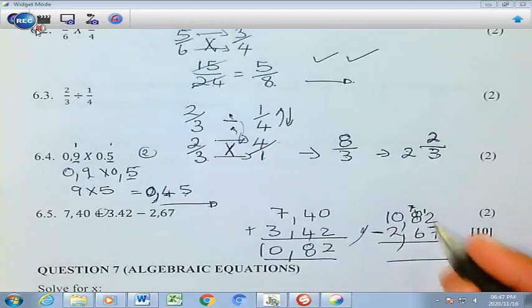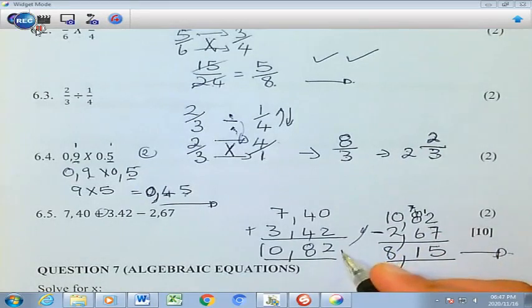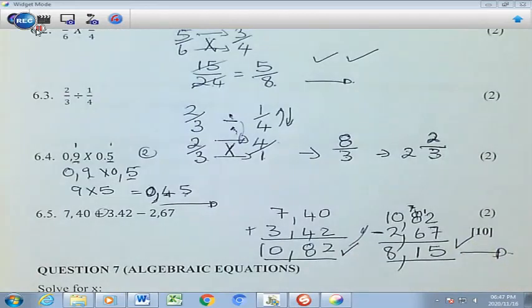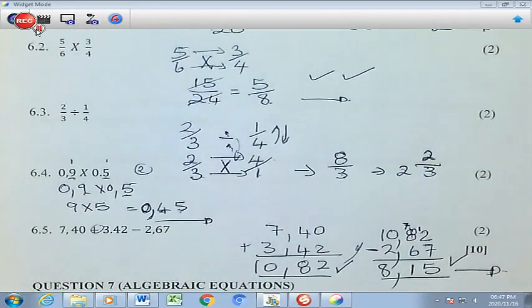That becomes 12. 12 minus 7 is going to give you 5. 7 minus 6 is going to give you 1. And your comma is there. And 10 minus 2 is going to give you 8. And that becomes your answer there. You get 1 mark here and 1 mark there. Alright. And that basically covers that section on common and decimal fractions.